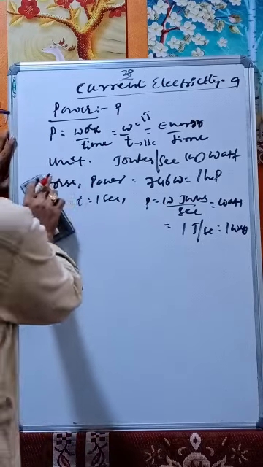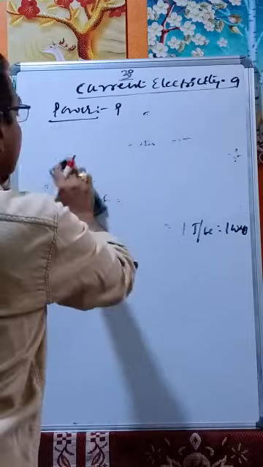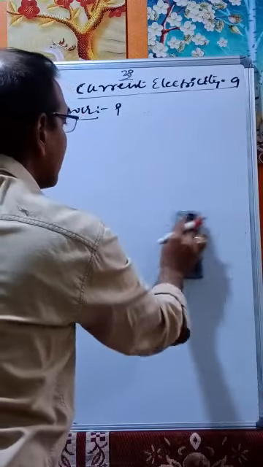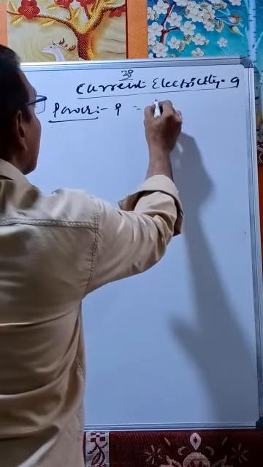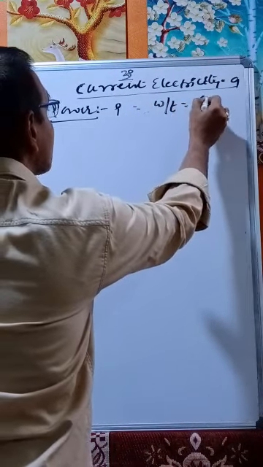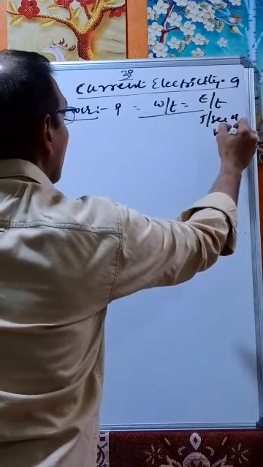Now, what is kilowatt hour? Power is equal to work by time, or energy by time, joules per second or watt. Keep it aside.